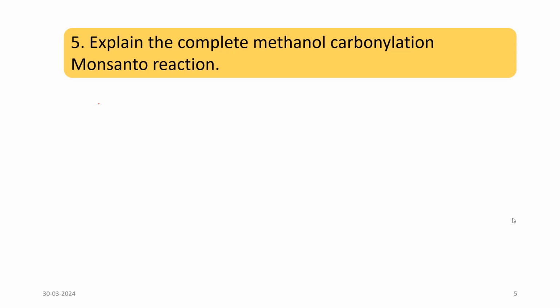So the first reaction is methanol reacts with the hydrogen iodide that we have just seen is part of the catalyst, and it produces methyl iodide, right? That is CH3I plus water. So it is an exothermic reaction. That means it is producing heat. Okay.